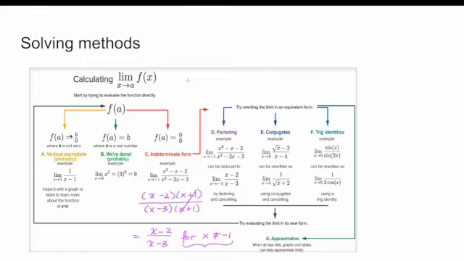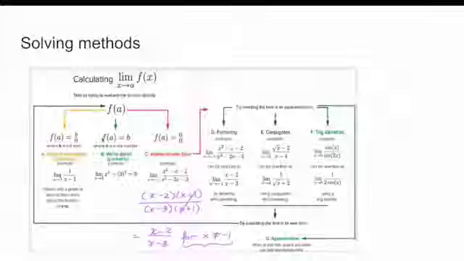One is b over 0. That's a limit that has a real number at the top and a really small number at the bottom that we call 0, but it can be positive 0 or negative 0. 0 can't have a sign, but in this case it's a really small number that has either a positive or negative sign. Then we have directly evaluatable limits, where you just substitute a in and we get b. That's the easiest kind, and also the one you're least likely to see on exams because it's too easy.